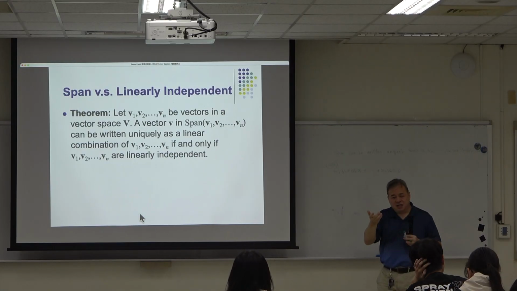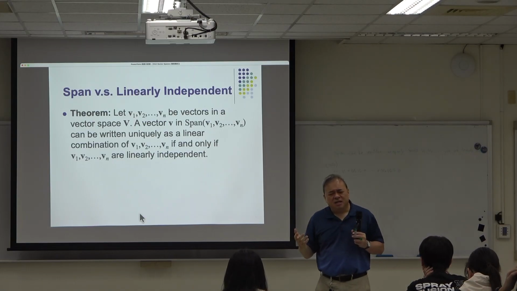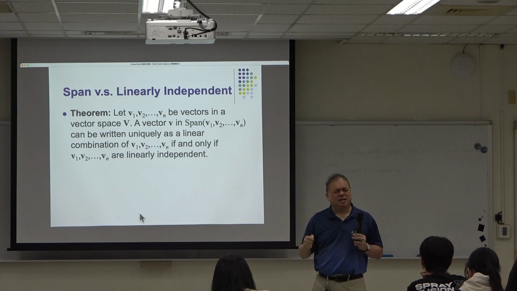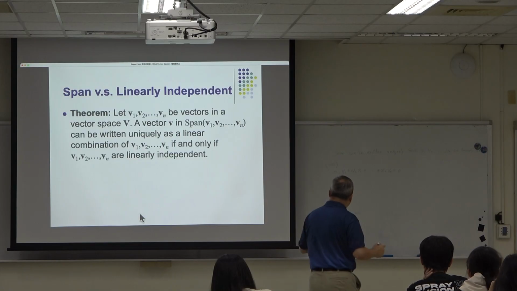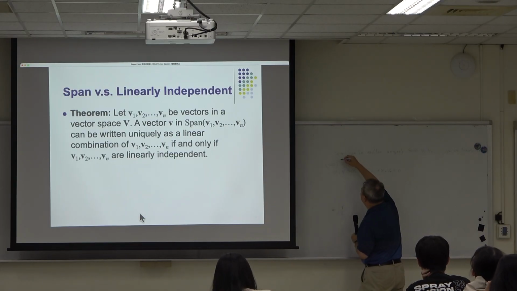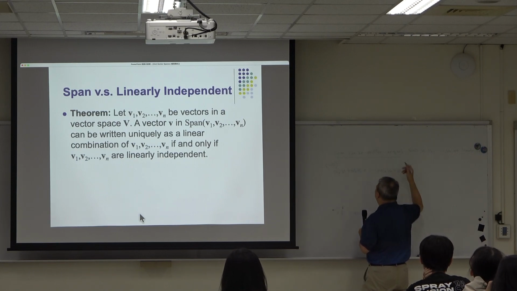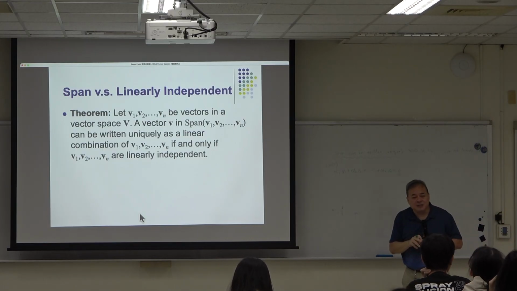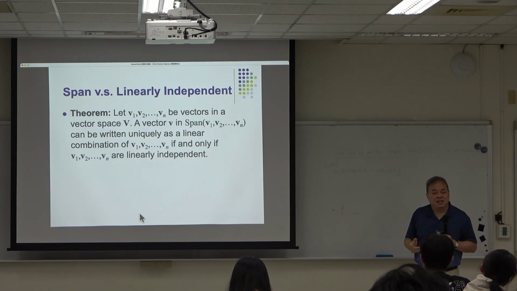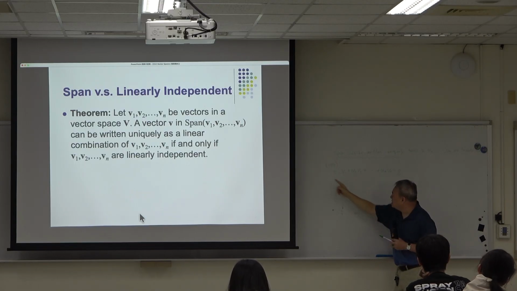Okay. So when I say it has only one solution, isn't that implied? Because from left to right, it means any vector in the span can be written uniquely. Obviously, this is a vector in the space V. And this one, you write 0 as a linear combination of these Vi's, right?